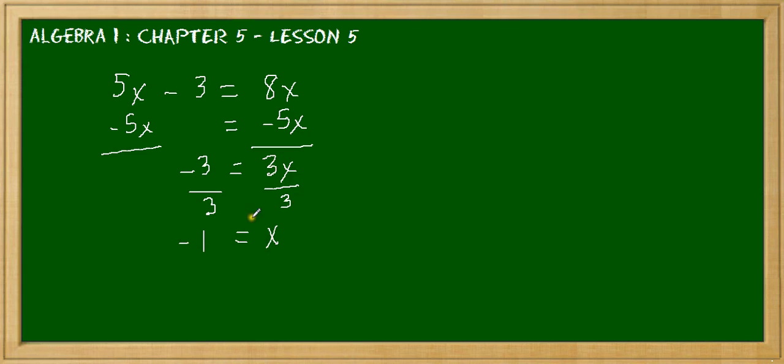Now, we're to check our answers by plugging in our value. 5 times negative 1 minus 3 is equal to, excuse me, let me write that without the parentheses, 8 times negative 1. So now we have negative 5 minus 3 is equal to negative 8, and we know that negative 5 minus 3 is like adding.